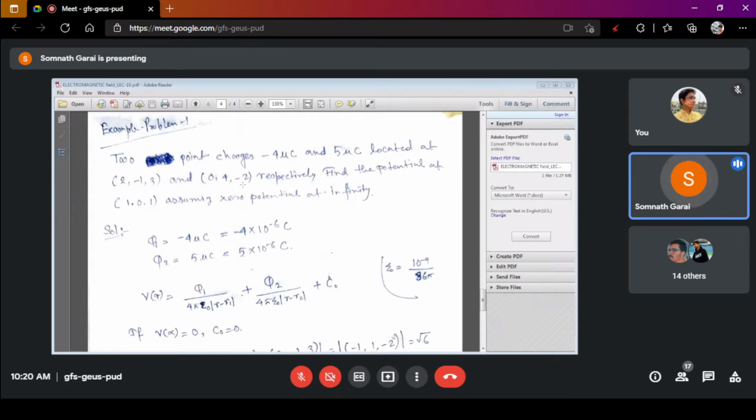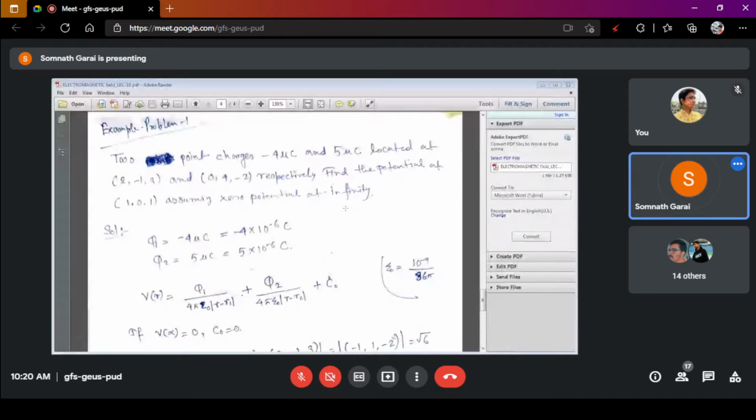So we have to calculate the potential at that point (1, 0, 1) with respect to these two point charges. And we assume zero potential at infinity.